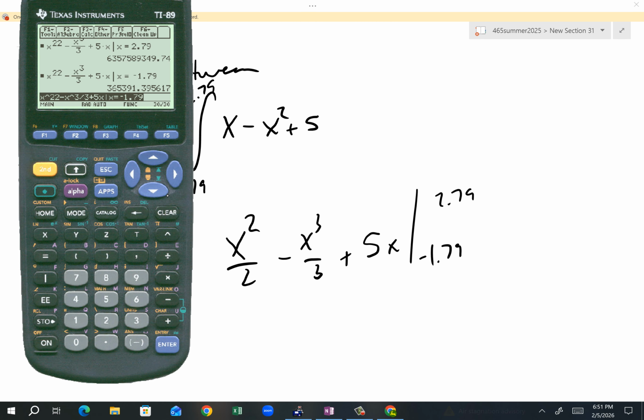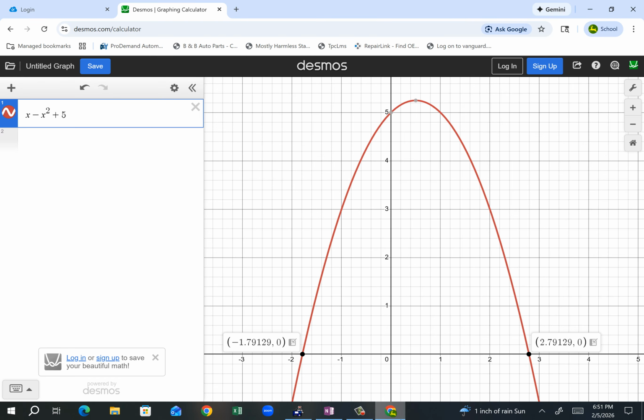Oh, good Lord, it's not x to the 22 power. That's better. So it's 14 minus that. So another answer is about 18 squares.